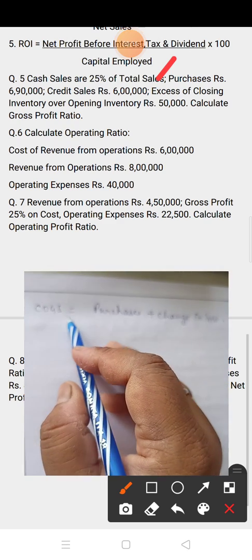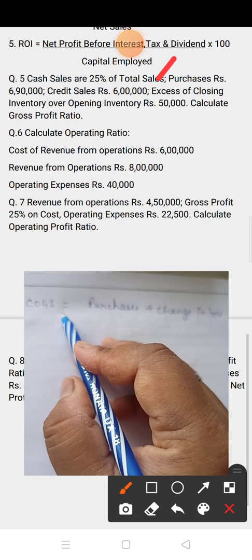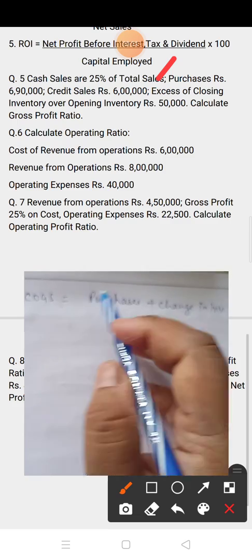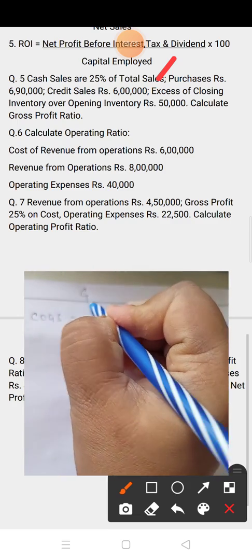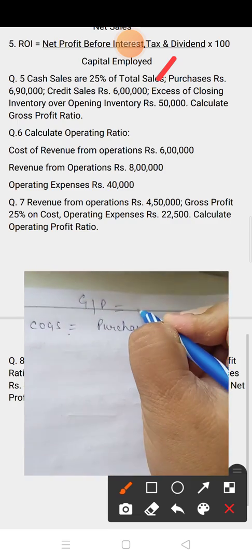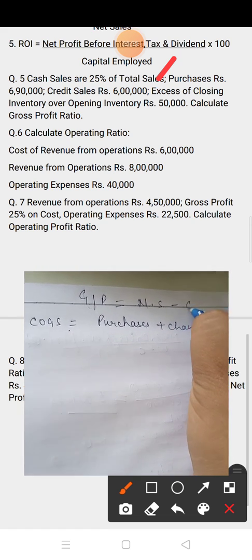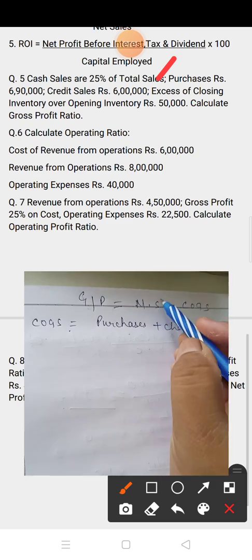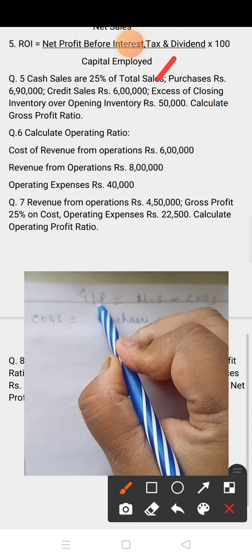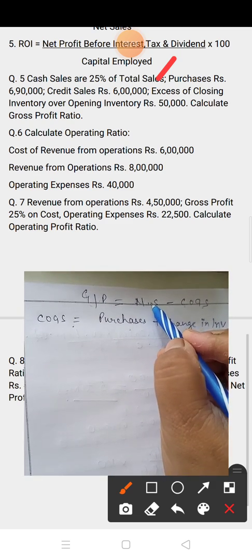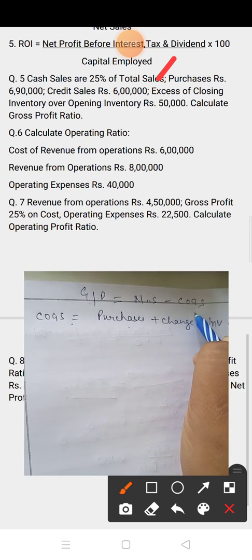So children, now you have to find out gross profit. For gross profit, the sale is done. The formula for gross profit is net sale minus COGS, cost. Sale minus cost is equal to profit. Now net sale is done, you have to calculate the COGS.